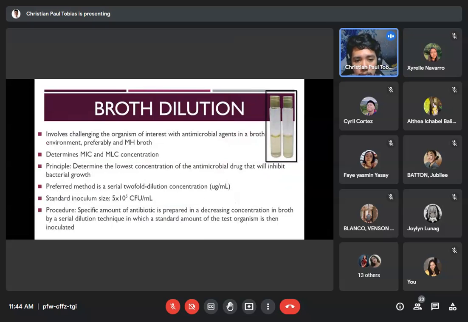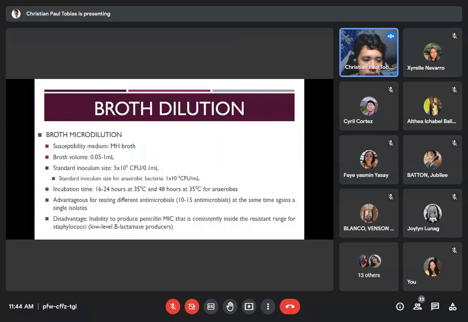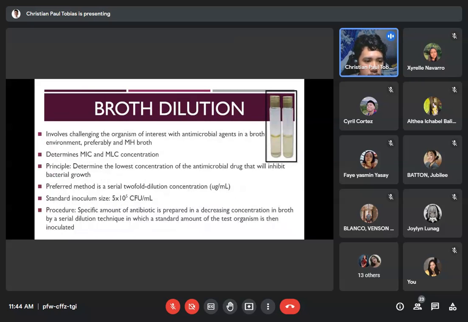Okay, first method, your broth dilution method. This involves challenging the organism of interest with antimicrobial agents in broth that determines the MIC or MLC concentration. But in general, broth dilution detects the MIC para malaman mo yung minimum inhibitory concentration.